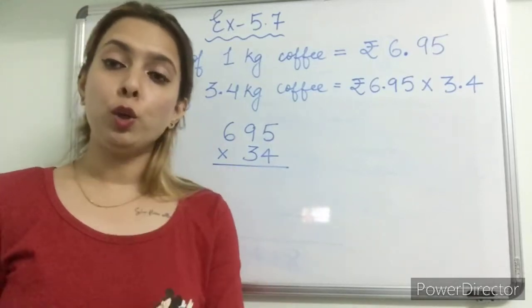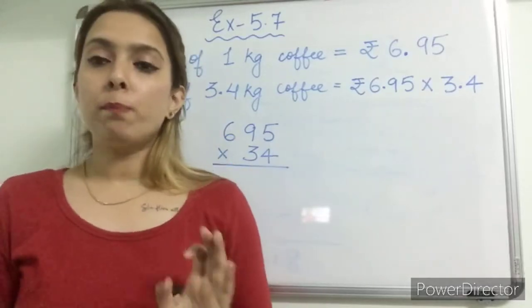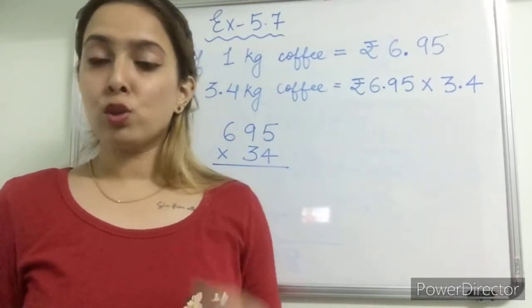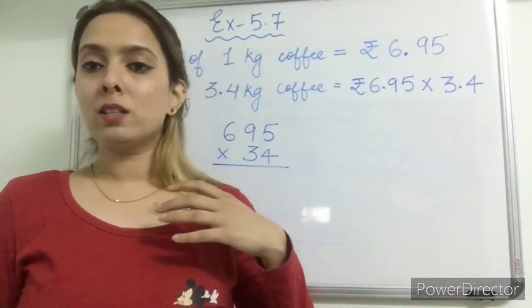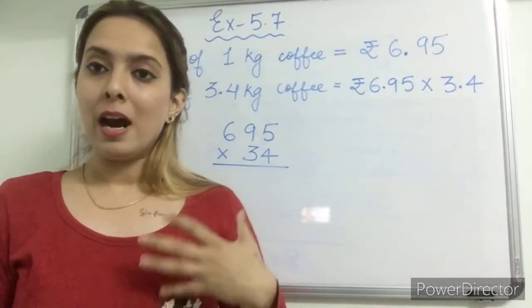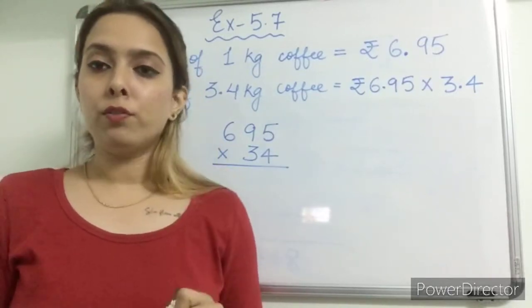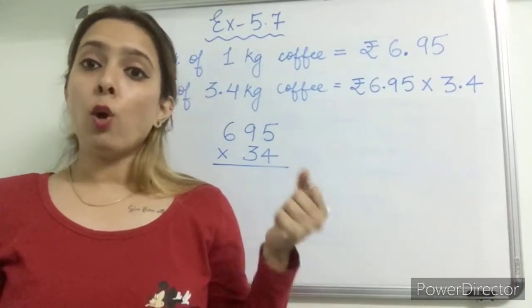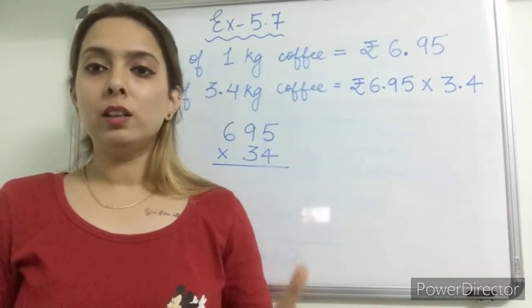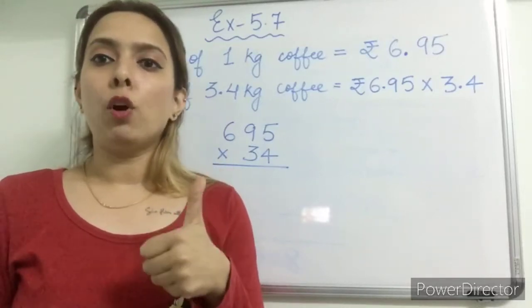I have told you, first of all you should understand the question, which operation is to be performed. There are some keywords you have to remember. Whenever the question asks for multiplication, the trick is that it will always give us the value for 1, and it will ask for more.